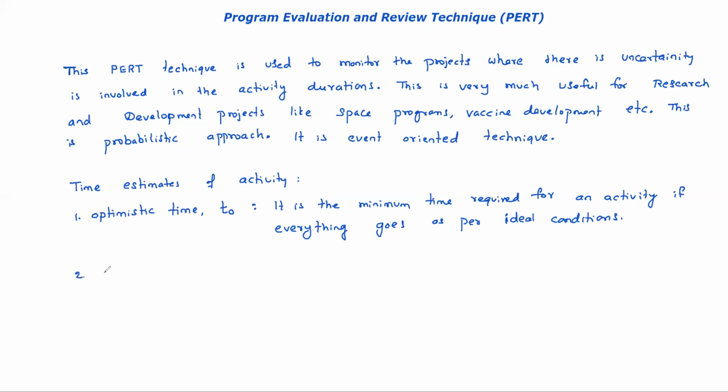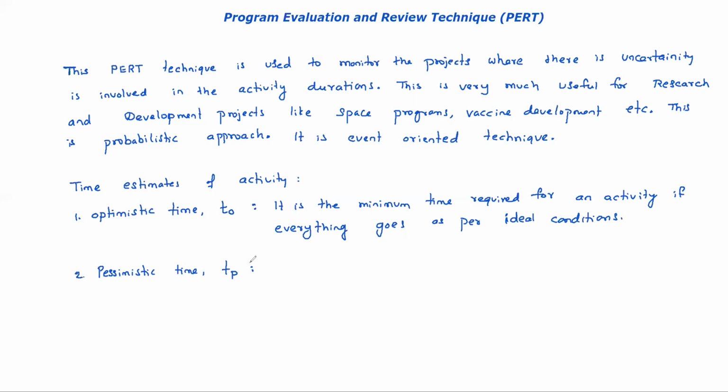Similarly, the second one, pessimistic time, the opposite. TP. So pessimistic time means adverse conditions are existing, then there is the highest possible time.